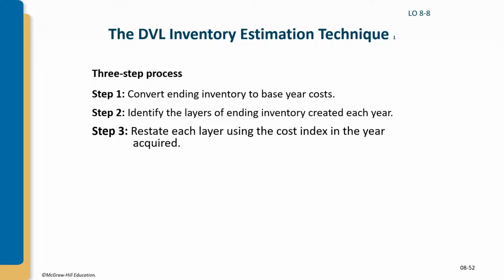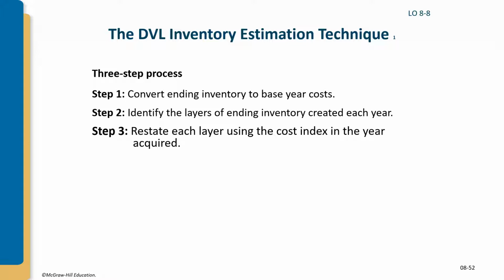Here's our three-step process. Here's what you do. You are still going to account for your inventory however you do it, LIFO, FIFO, average cost. What we do is, especially if you're going to get it into a LIFO amount, we're going to convert your LIFO ending inventory as if it was your ending inventory in your base year.